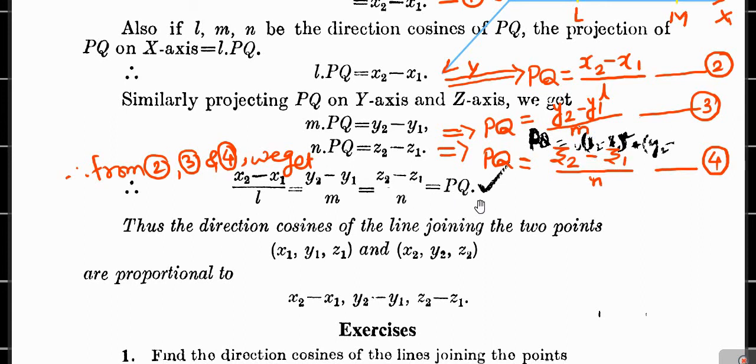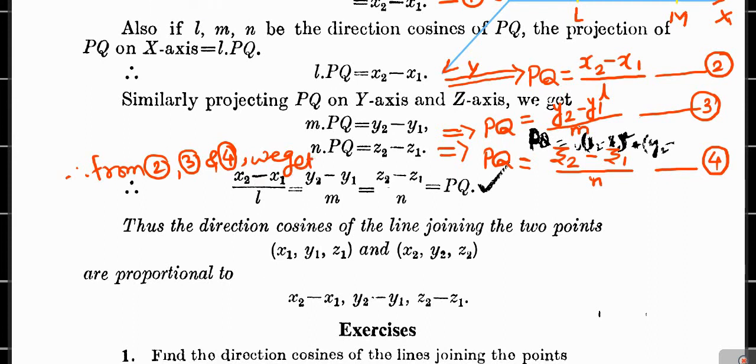This relationship we have obtained. So L, M, N were the direction cosines of the line PQ, and therefore these are proportional to x2 minus x1, y2 minus y1 and z2 minus z1.